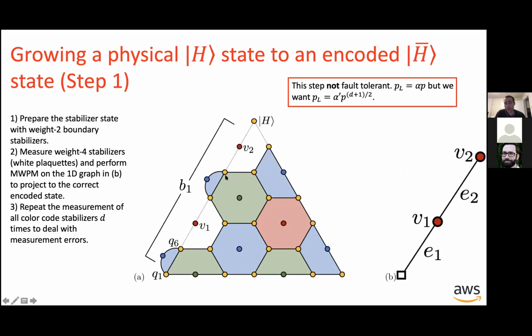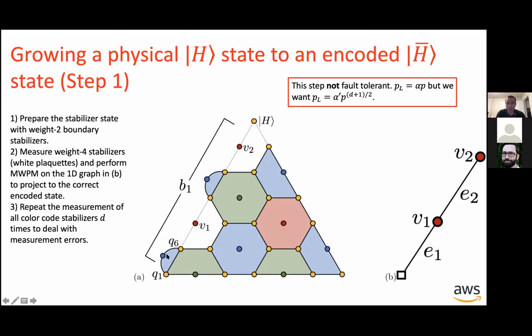So you have, say, in this case, the whole color code. This is an example of a distance 5 color code, which has 19 qubits, and 18 of these qubits are encoded in the stabilizer state. A stabilizer state is a state that doesn't encode any logical qubits, and each plaquette here is a stabilizer for that stabilizer state.